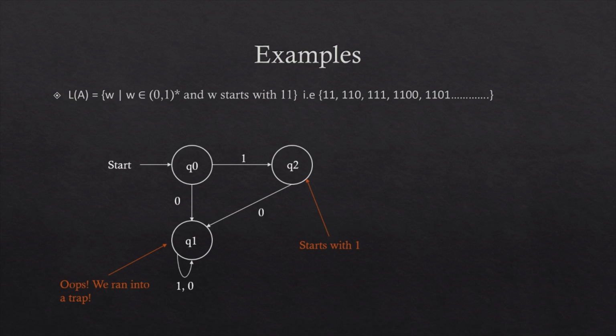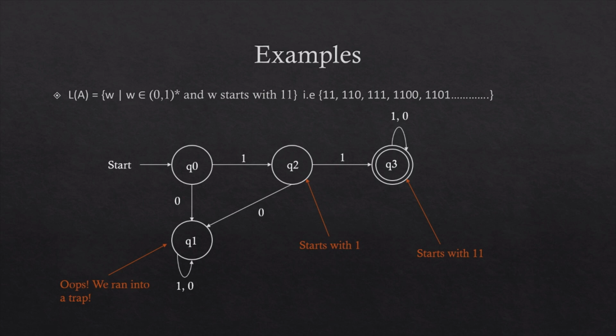However, if we're at Q2 and if the next symbol is 1, then the string does start with the substring 1, 1. So we take it to the final state. And since the condition is fulfilled, the string should be accepted regardless of what the next symbols are. So we put a loop transition on the final state on both the symbols of the alphabet.